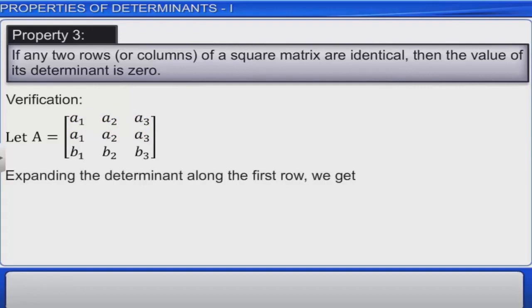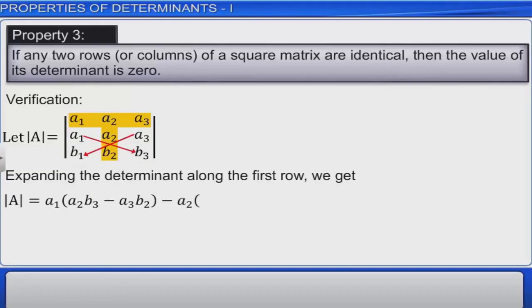Expanding the determinant of matrix A along the first row, we get A1 times of A2 B3 minus A3 B2 minus A2 times of A1 B3 minus A3 B1 plus A3 times of A1 B2 minus A2 B1.